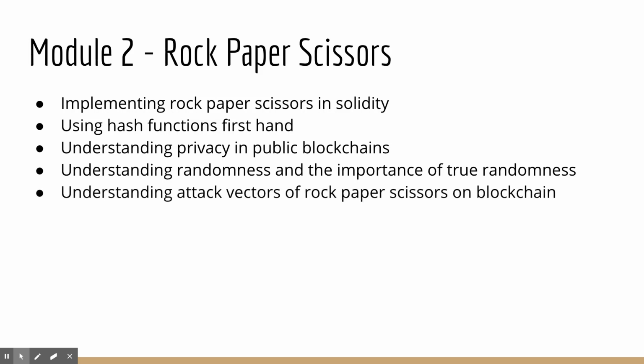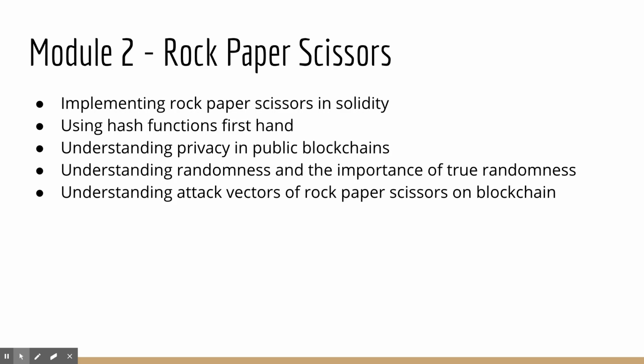We also learned the attack vectors of a specific application, such as rock, paper, scissors. This is very important because every application that you develop has different attack vectors, attack models and threat models.